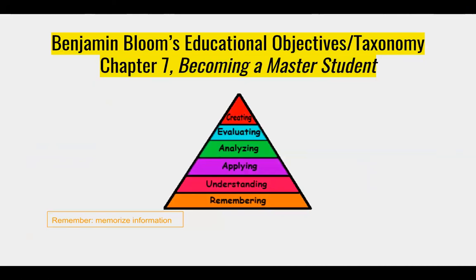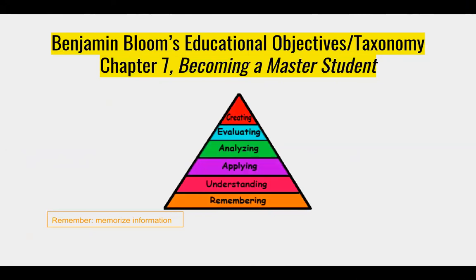Now, there are classes and careers where we must remember things, commit them to memory and always know them. It's very important. So that's not to say that this isn't an important way to learn. It just means it's the most basic form of learning something, because most of us won't just memorize something and use it later. That's the application. We have to understand it first before we can apply it.